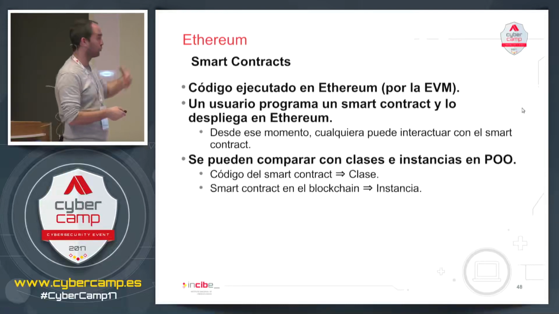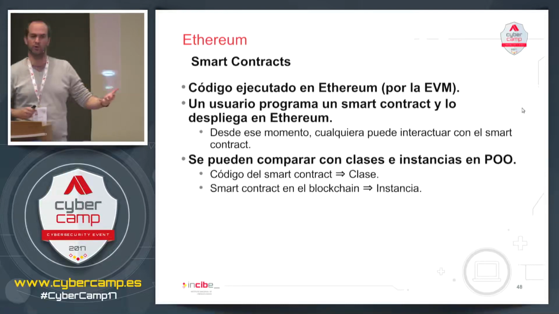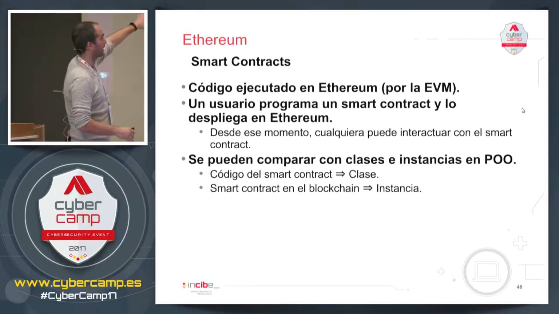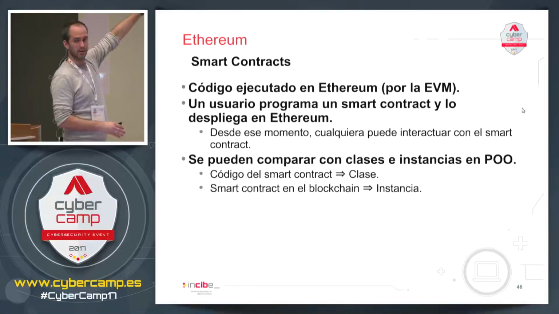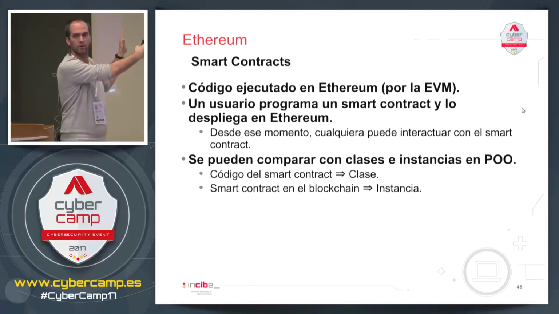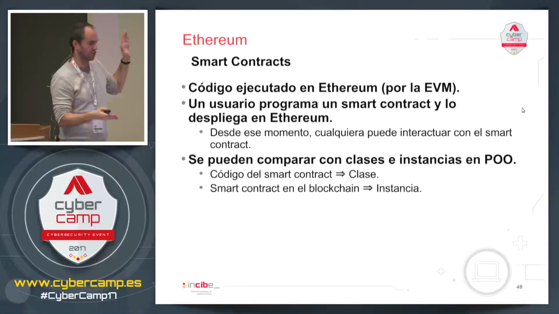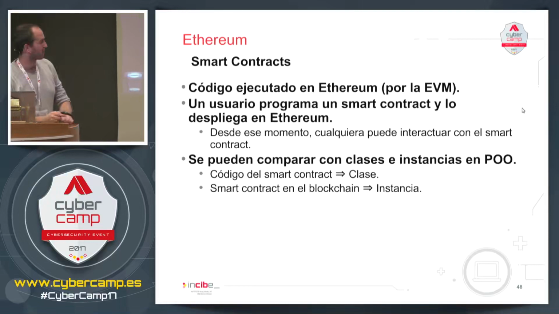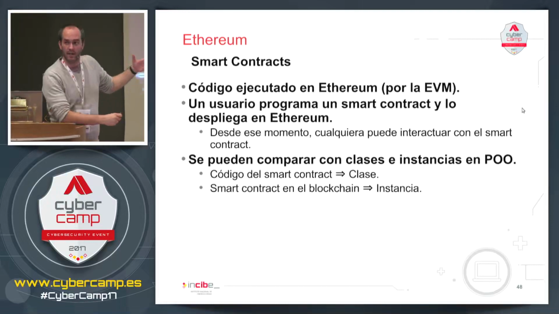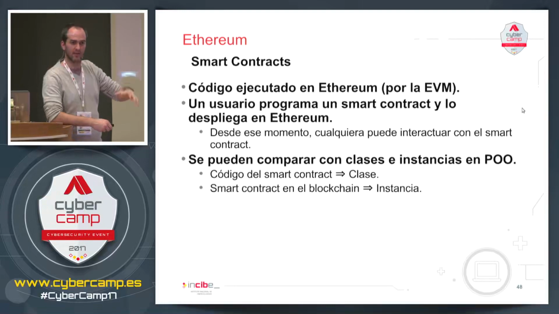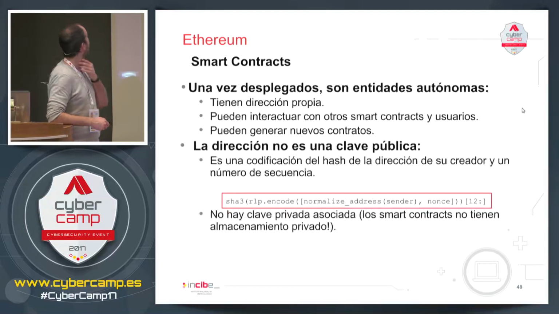And a smart contract in a blockchain is an instance of that class. I take the class representing a screen, and I make an instance that is the screen that is in this room. I have to say which screen in which place in Santander. That would be an instance of the smart contract corresponding to screens, and this exists already in the blockchain.